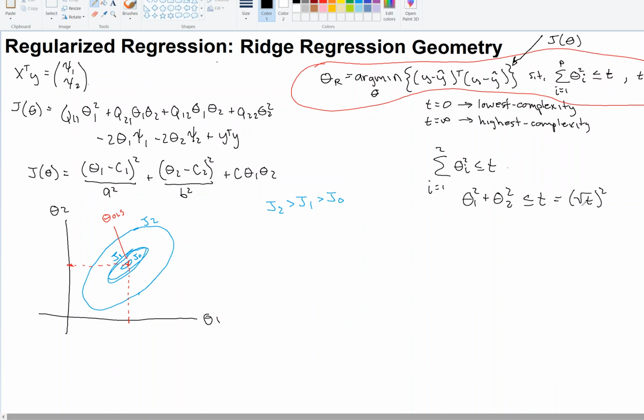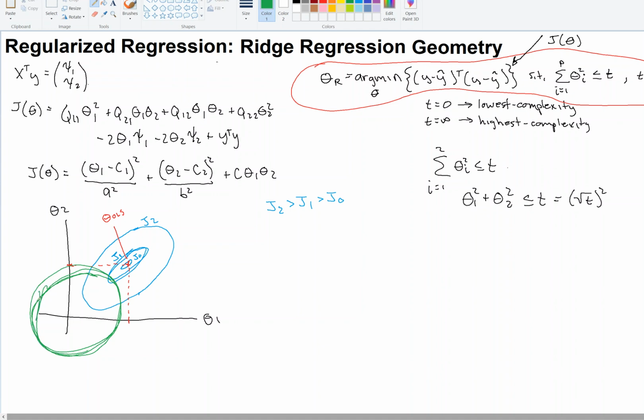If I choose a t, then this is the equation of a circle centered at 0 with radius square root of t. And actually it's a disk because it's less than or equal. So let me draw that disk. Okay, that's not a very good disk. Neither is that, but you get the idea.